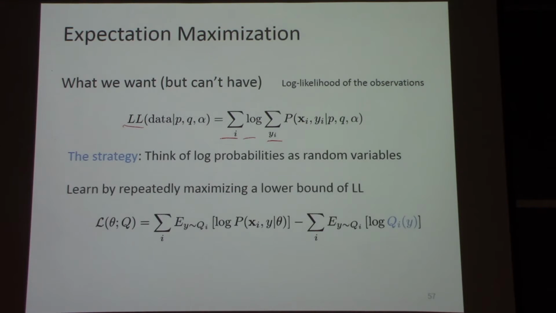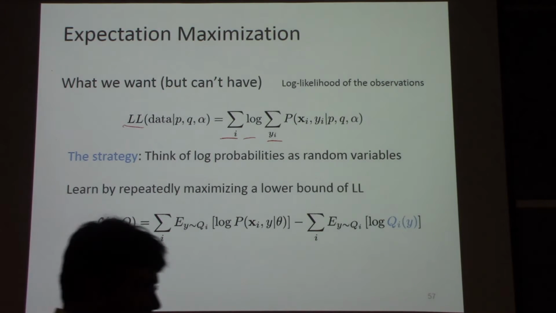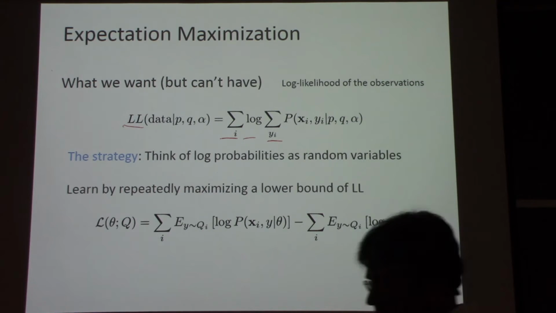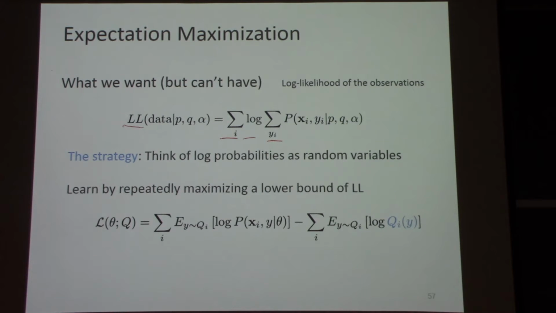At the end of the last lecture, and I hope you actually went through the slides and worked out the math, we showed that the log likelihood of the data given the parameters theta is always greater than or equal to this function, which is the expected log likelihood minus some kind of constant which is independent of theta.